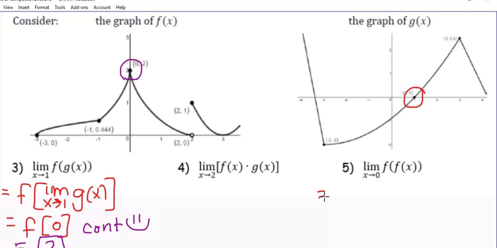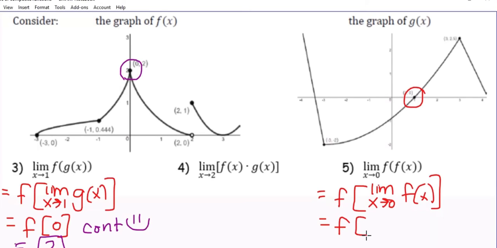On number 5, it's f of f of x. So I'm going to pull the f on the outside, and I'm going to put the limit as x approaches 0 of f of x right here. All right, let's evaluate the inside. So on the inside, the limit as x approaches 0 of f of x. We're up here. And it's 2.